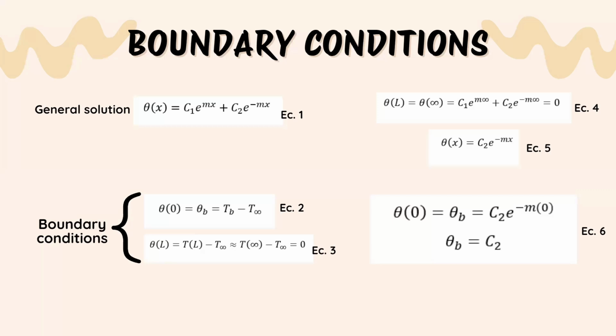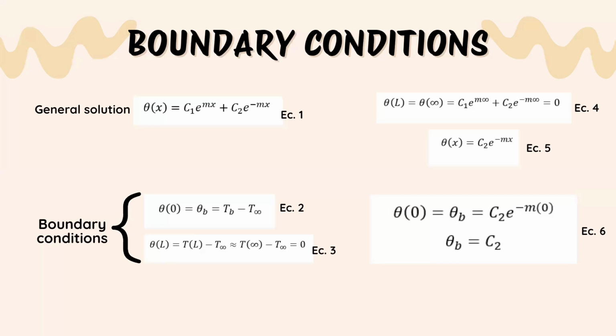This behavior is not expected. On the other hand, when x tends to infinity, the second term tends to zero, and that is the behavior we expect. For that reason, only the second function will be considered in the final solution.